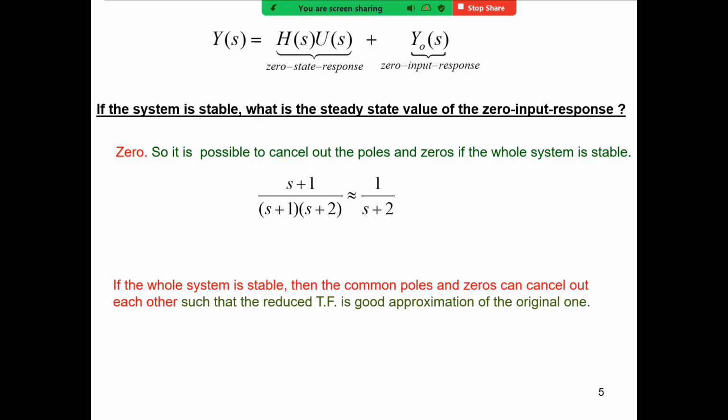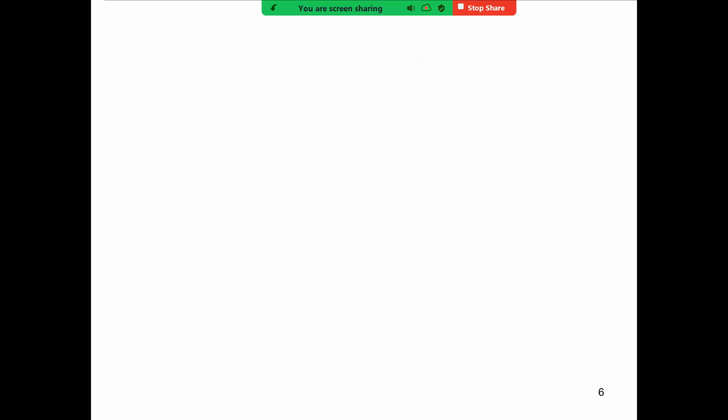Therefore, we have one rule: when you cancel out the same poles and zeros, if the whole system is stable, then you can cancel out the common poles and zeros, such that the reduced transfer function is a good approximation of the original one. Actually, that will also be the way we can describe a higher order system using an approximately lower order system. We will show that later in this course.